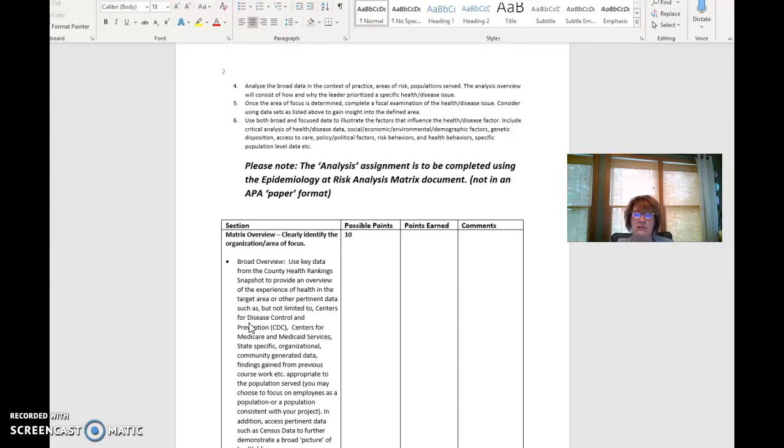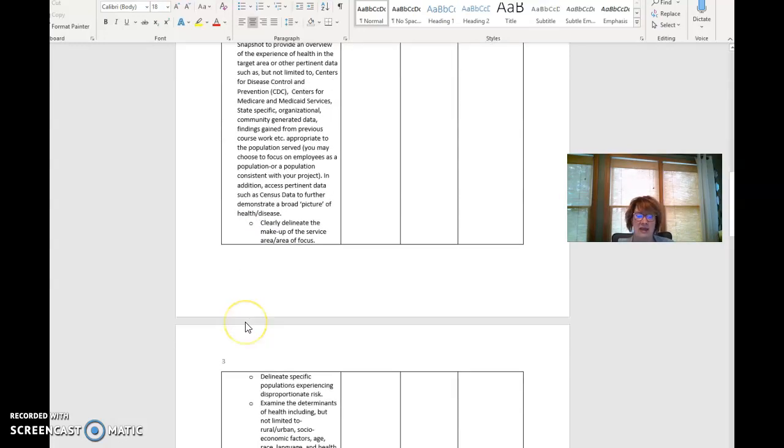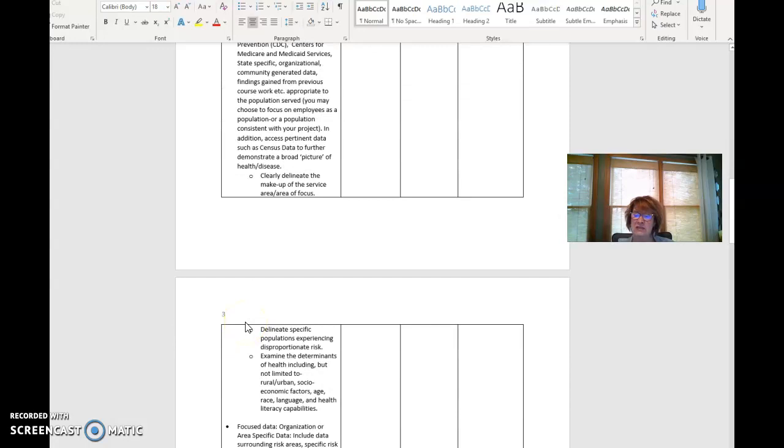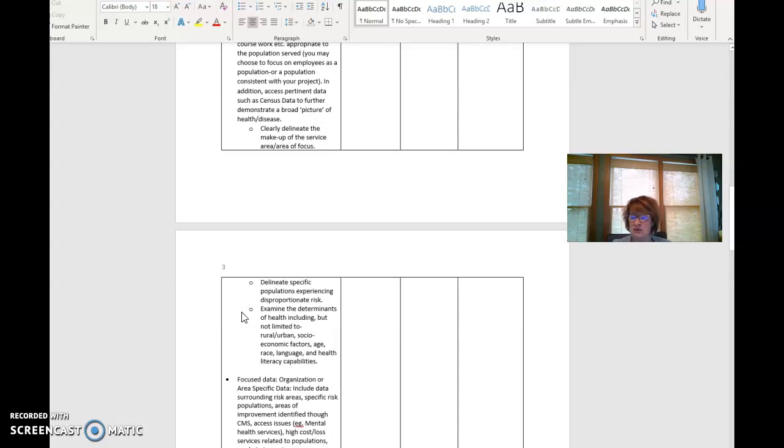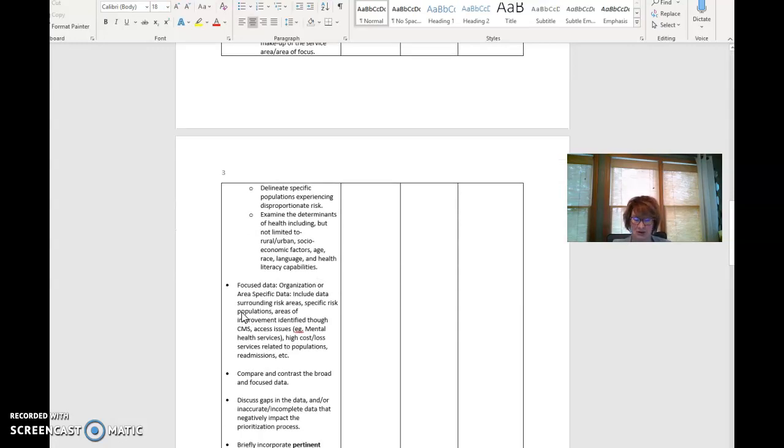So we're going to look at the key data, and again, it really is impingent upon what your area of focus is as far as the data that you actually gather, but you want to get that very broad focus so that you can look at the big picture as well as diving into the more detailed information that will help inform your project.